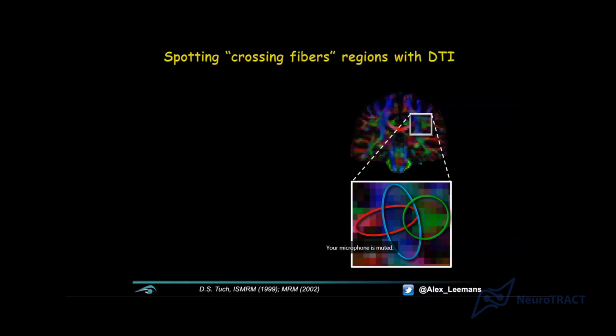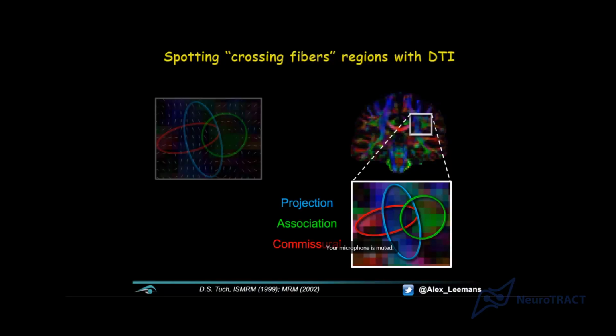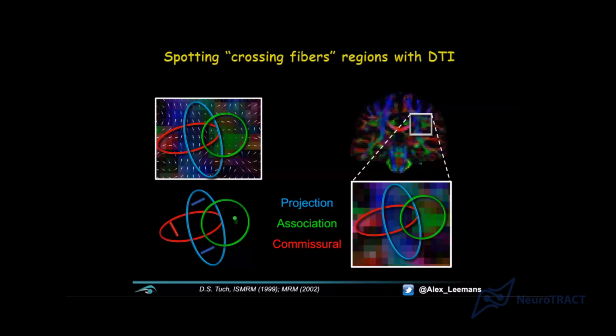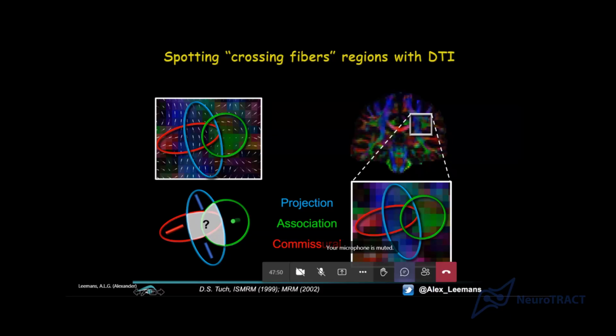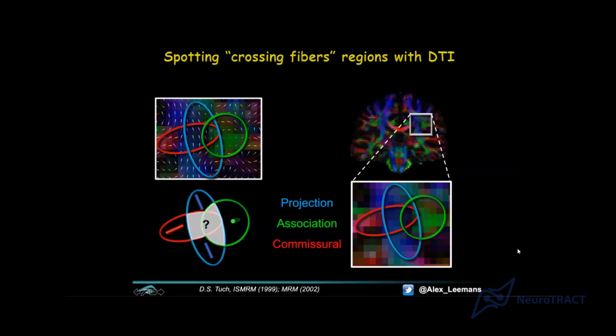If I go to the same image again, if we focus on these pathways, this is kind of a schematic here, right? So if we focus in this white rectangle, in green, indicated by the green circle, well, there's pathways going front to back, association pathways. In blue, there's pathways going up, down, the projection pathways. And in red, well, you could see on the left parts of the corpus callosum, commissural pathways going left, right.